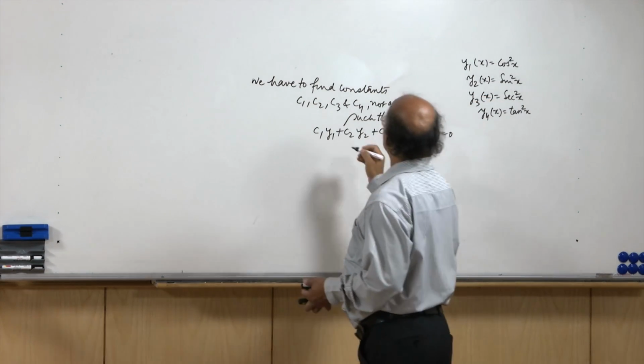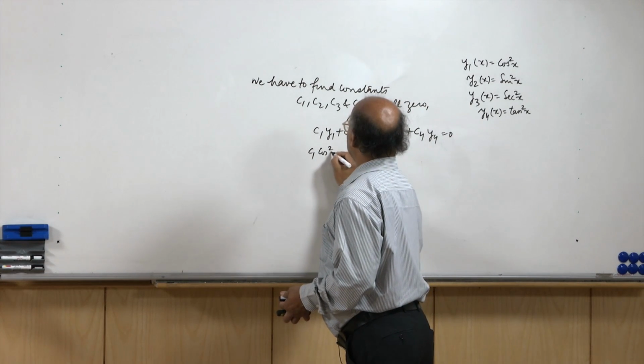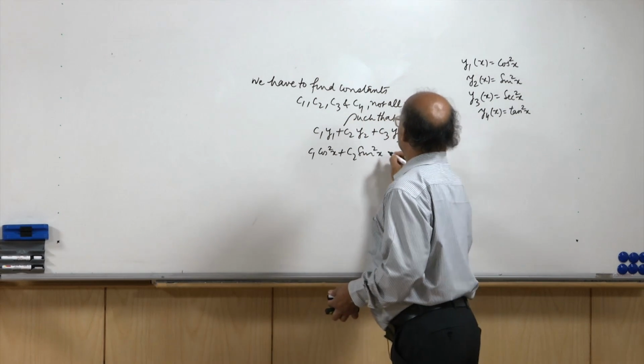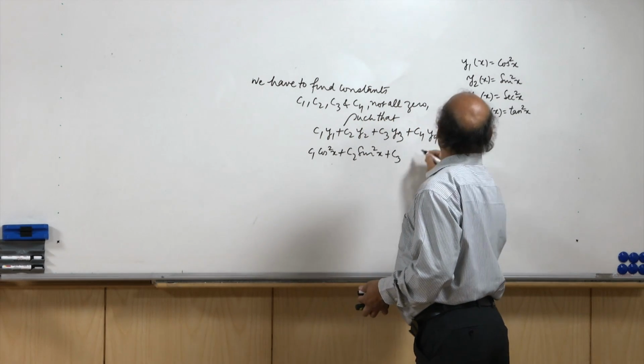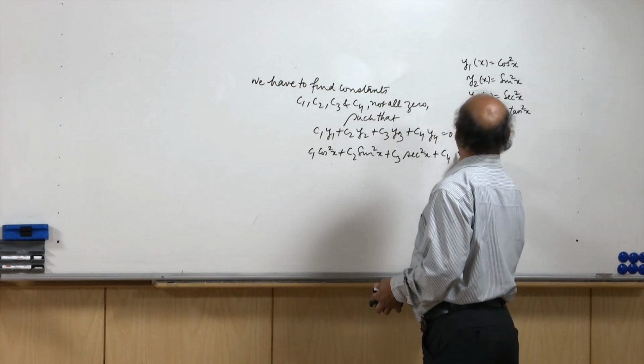So C1 times cos square x, then C2 times sin square x, then C3 times sec square x, and then C4 times tan square x.